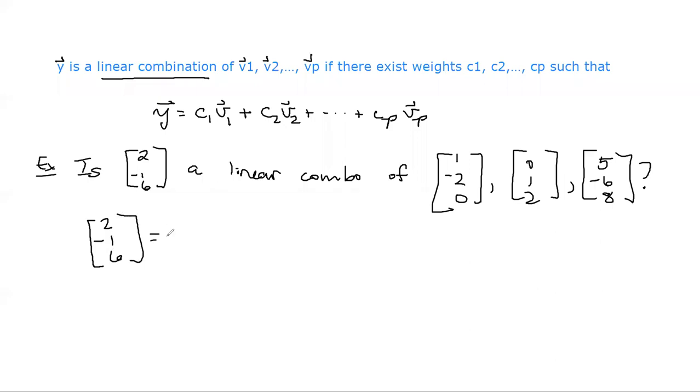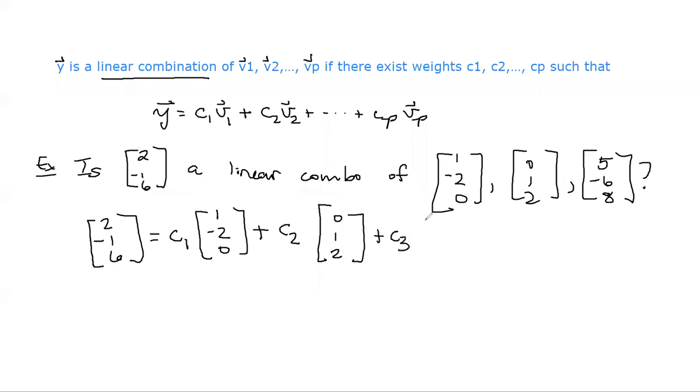And our question is, do there exist numbers c1, c2, and c3 where we can satisfy this equation? I'm literally just pulling this from the definition that we have right above. So can we find these c1, c2, and c3 so this equation is satisfied? Well, what would it mean for them to exist? All three of these entries in the vector would have to work.